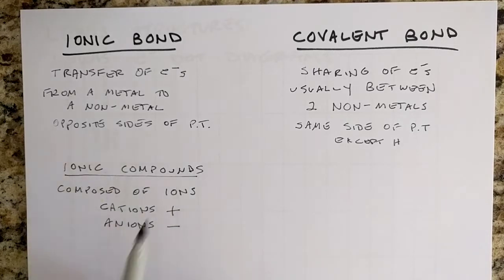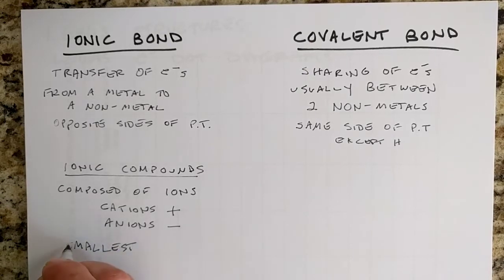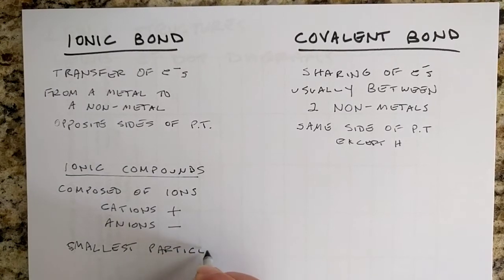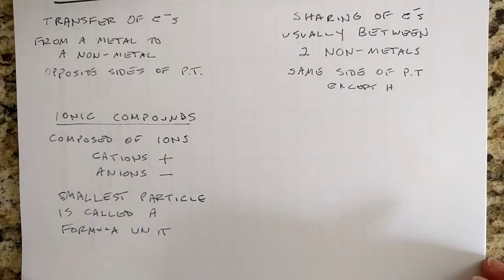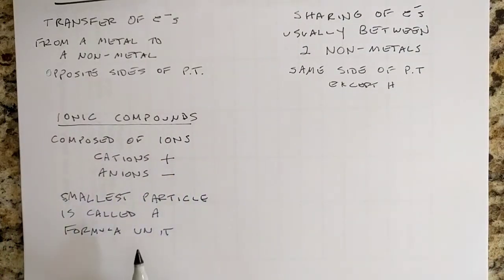In our ionic compound, the smallest particle that represents the compound, also called a representative particle, is called a formula unit. And that is the lowest whole number ratio of the ions.